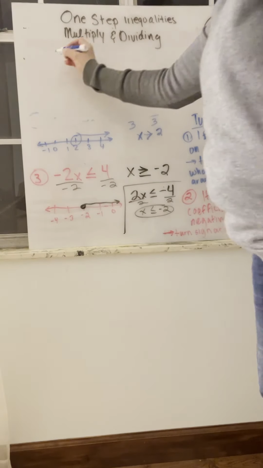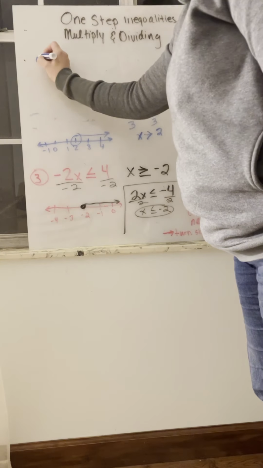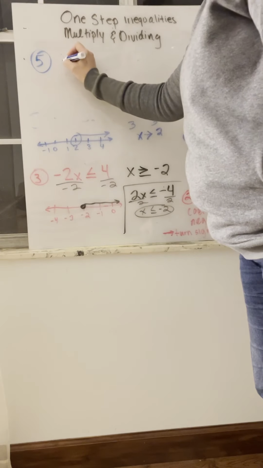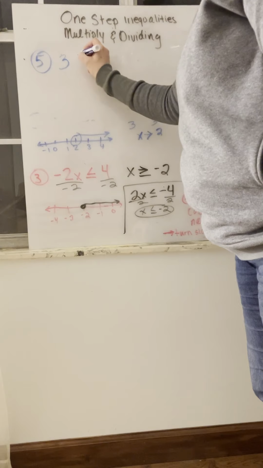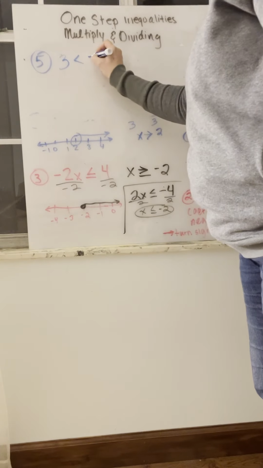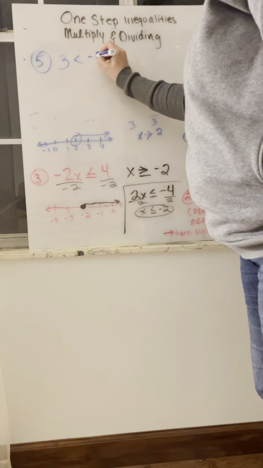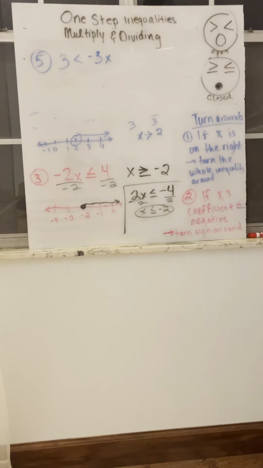Say I had, let's do this be number 5, 3 is less than -3x. There are 2 turnaround rules here.